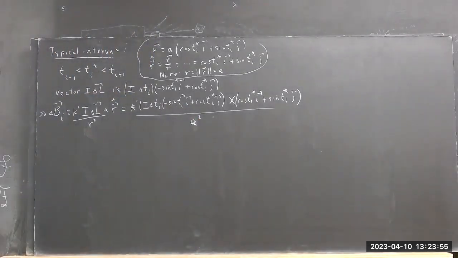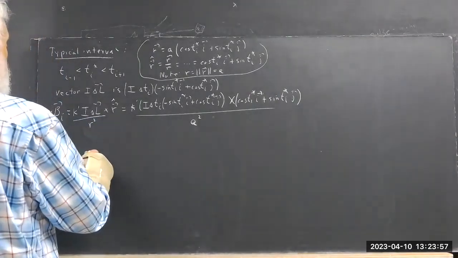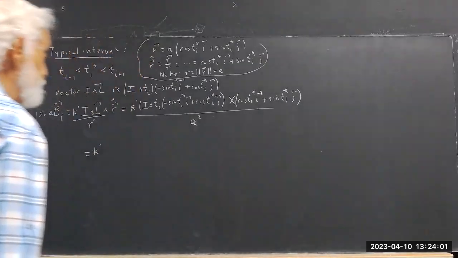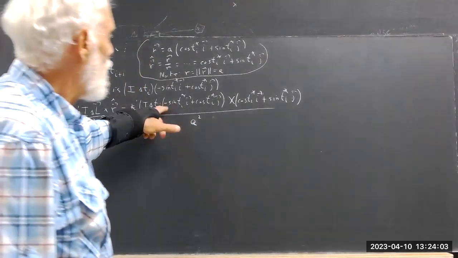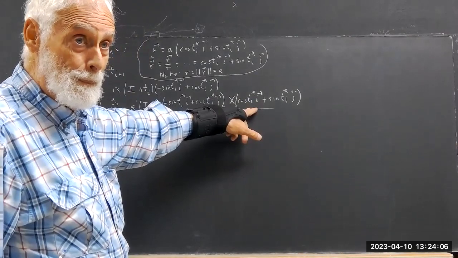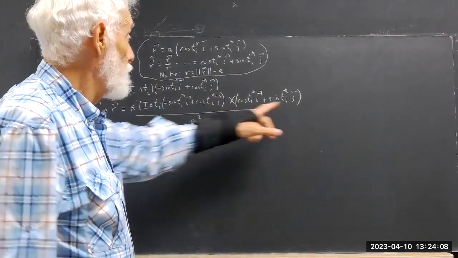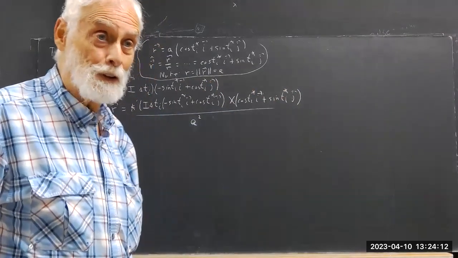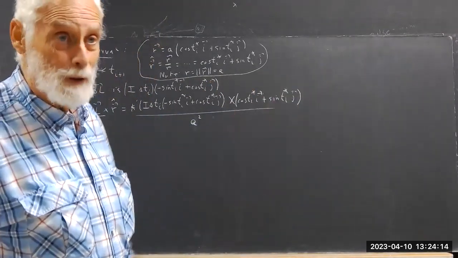We don't have to. So this comes out pretty simple. I cross I is 0, right? And J cross J is 0. And there are only 4 terms involved in this cross product, and 2 of them are both 0.